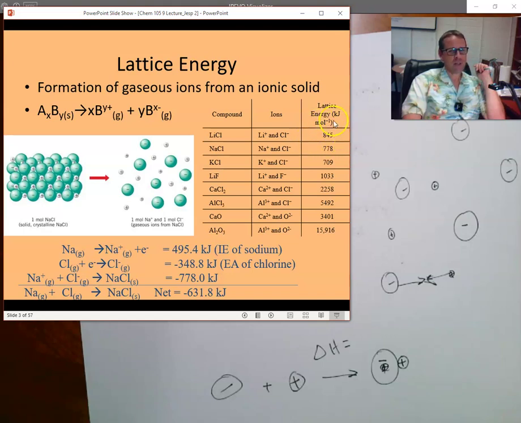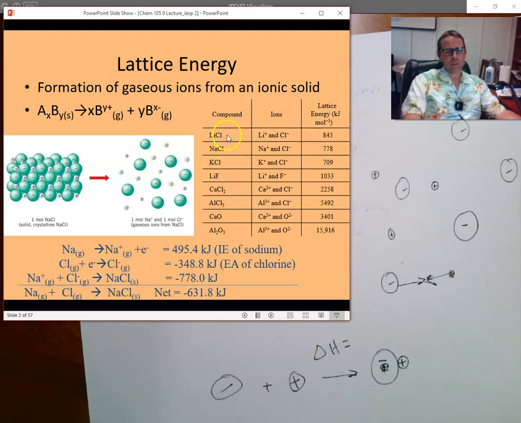Is this positive value the energy when the ions come together? Or is the positive energy associated with the three-dimensional lattice breaking apart? It requires energy to break up. That's right. It requires energy to break that three-dimensional lattice apart into the individual ions.